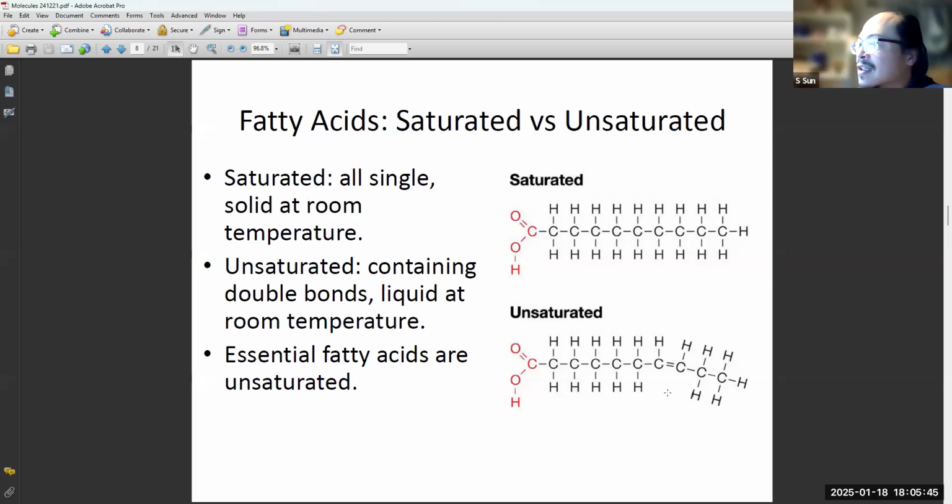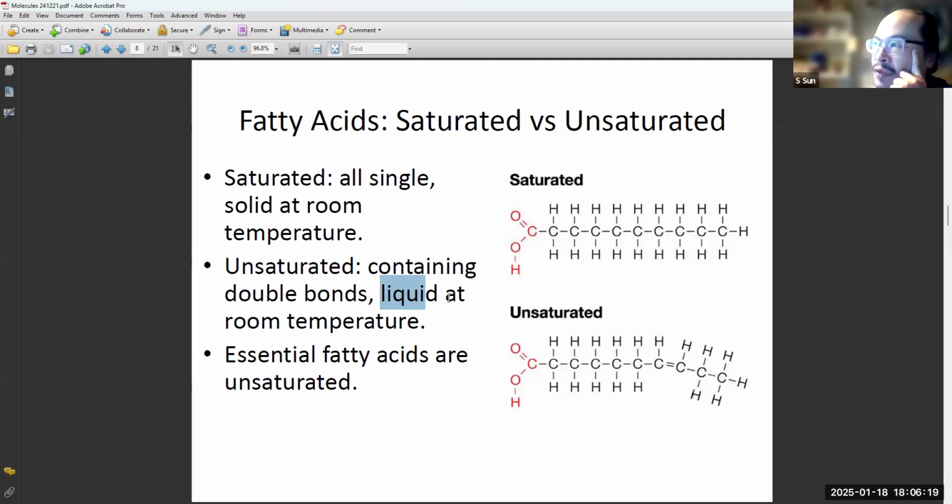An unsaturated fatty acid has a kink, and the kink creates space between molecules, so it appears more liquid. Unsaturated fatty acids are usually liquid at room temperature. Saturated ones are very straight, so they pack together tightly and appear solid. That's the difference.